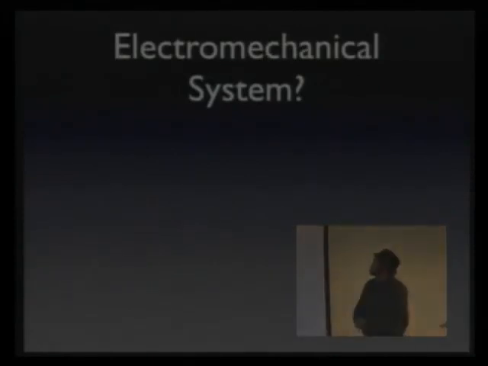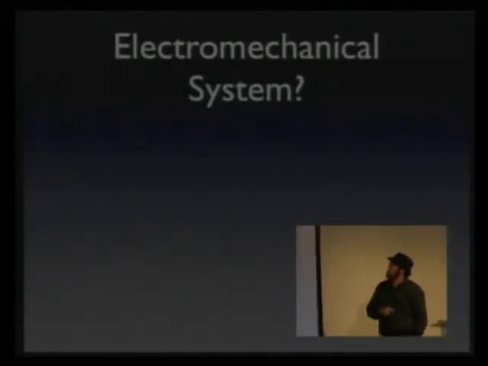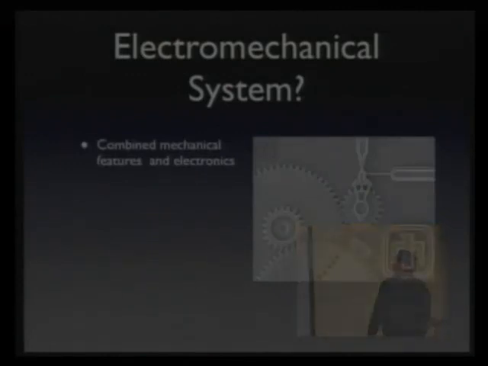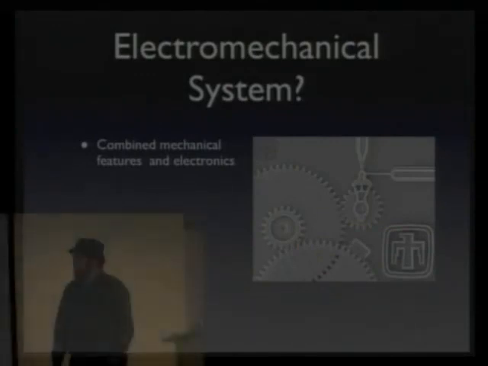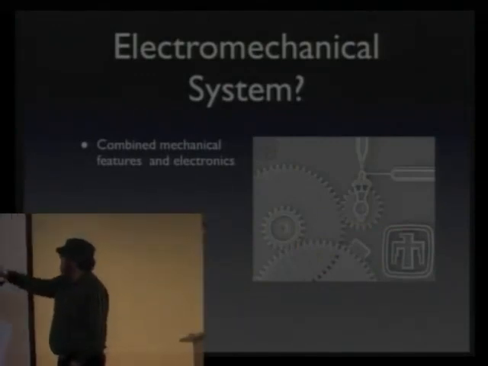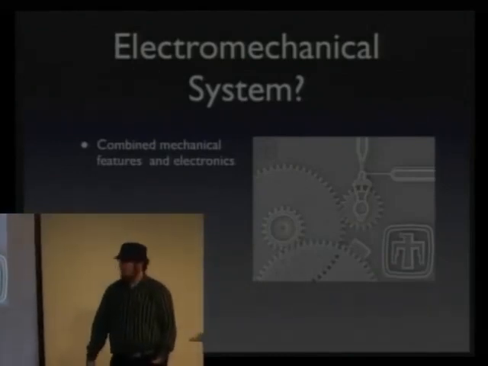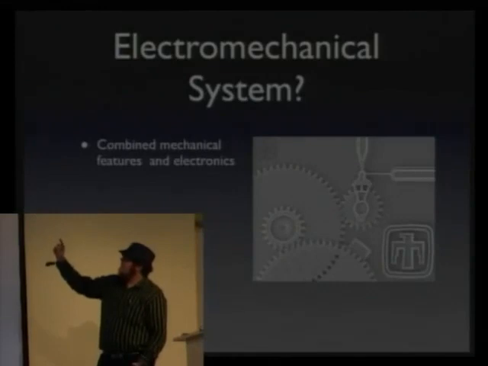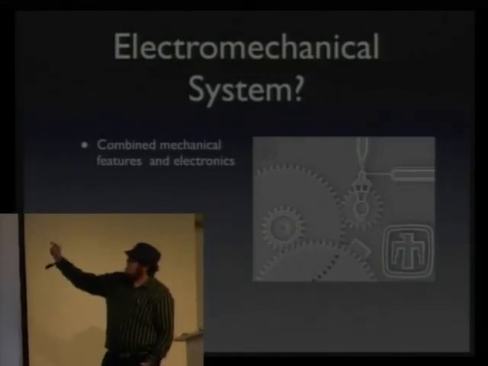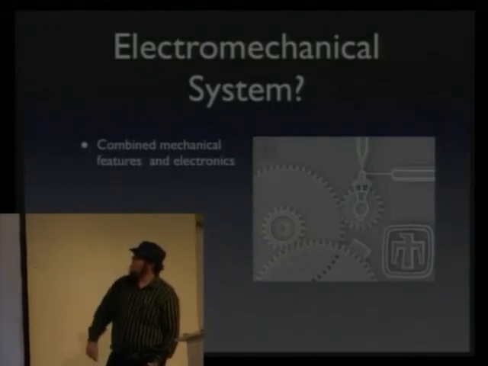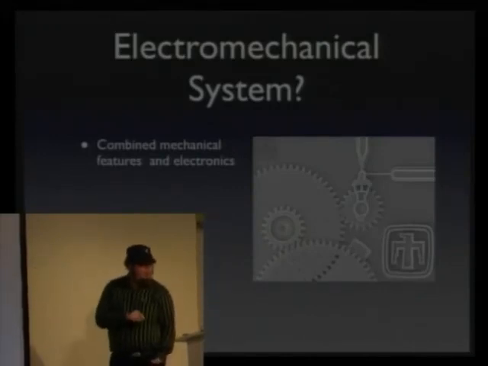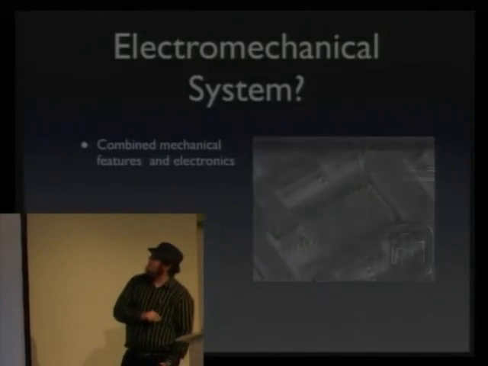So what does it actually do, and what does an electromechanical system on a microscale look like? This is a purely mechanical system from Sandia Laboratories in America, a gear shift. It's made out of silicon dioxide, has several layers, and is made with surface micromachining, which I'm going to explain later.